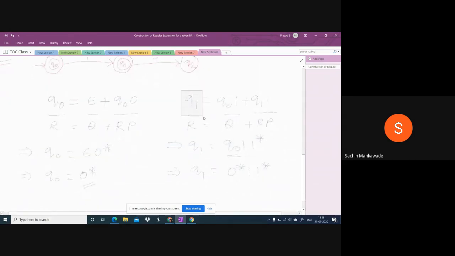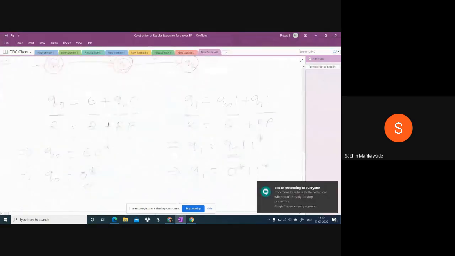This is R equals Q plus RP, so the solution is R equals QP star. That is Q1 equals Q followed by P star. And Q naught we have already constructed: Q naught equals 0 star. So substituting, Q1 equals 0 star followed by 1 star.